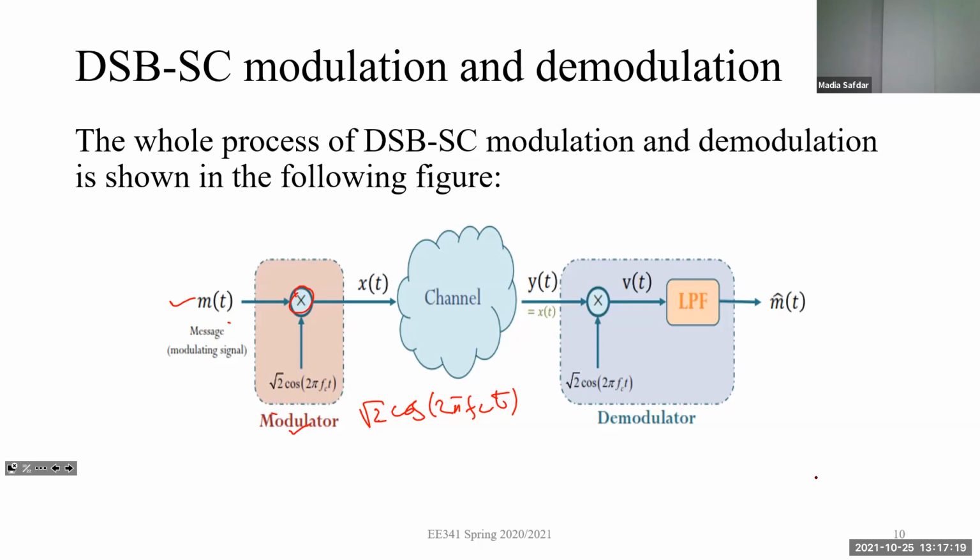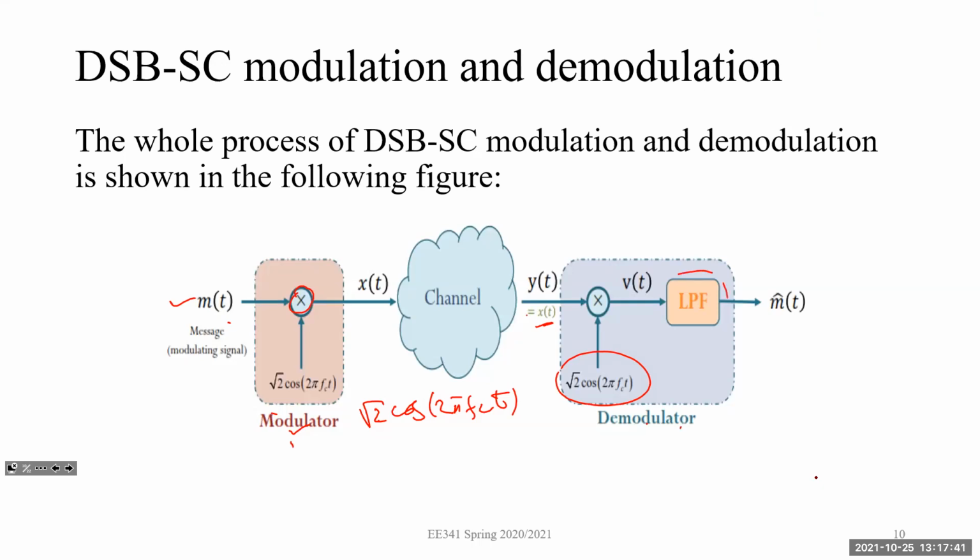And then this is the channel. Here I will transmit this signal, and then this is the output. I got x of t here, y of t is equal to x of t. Then I will again multiply it with this carrier. This is the modulator, this is the demodulator.